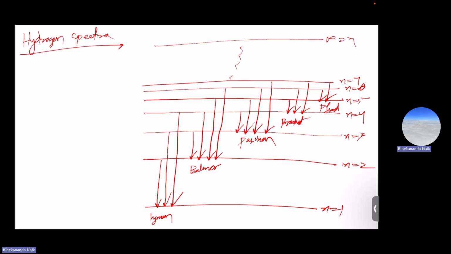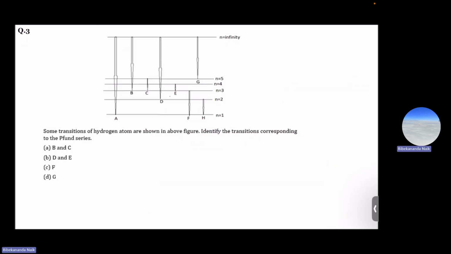Now let's see the question. So in our question, it says identify the transition corresponding to Pfund series. Pfund series means n will be 5: Lyman, Balmer, Paschen, Brackett, Pfund. So n equals 5. So now we need to find out the transition which occurs from higher orbit to n equals 5.